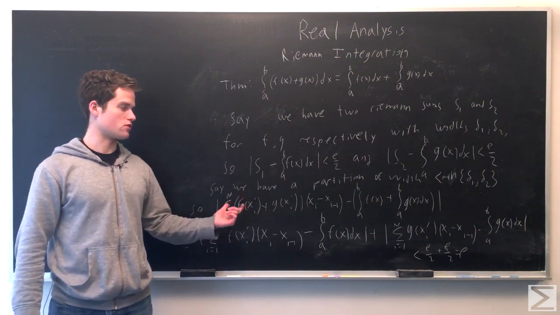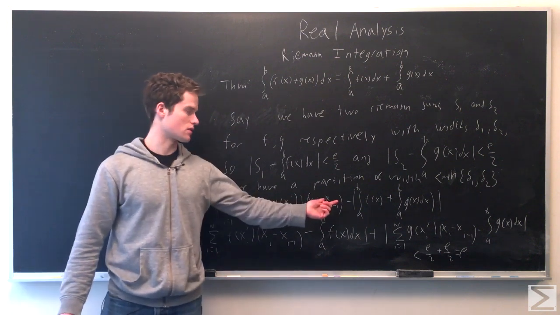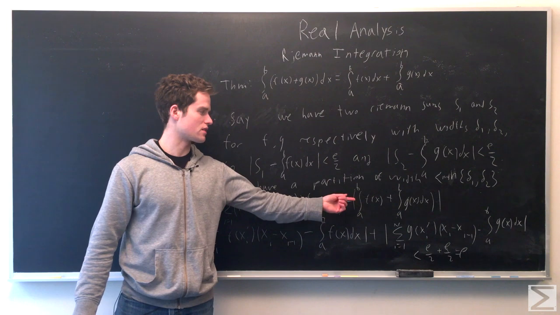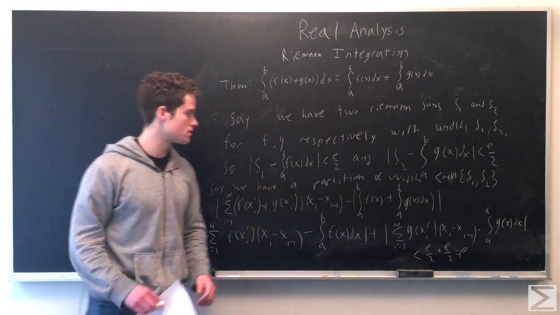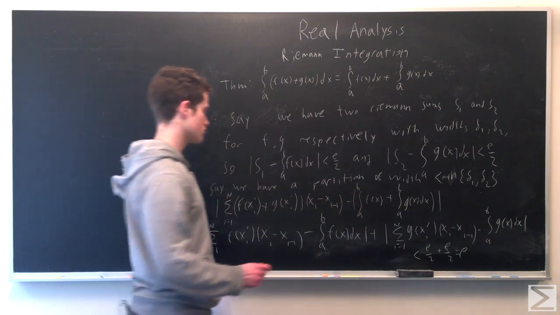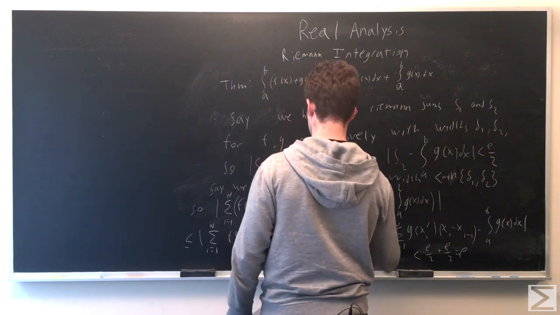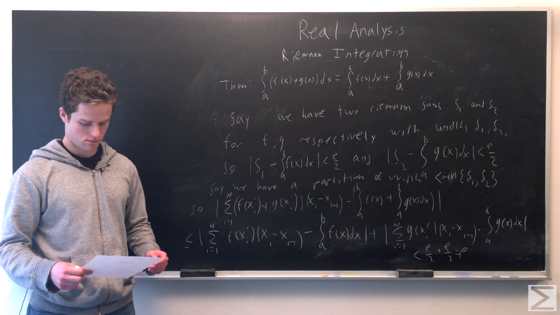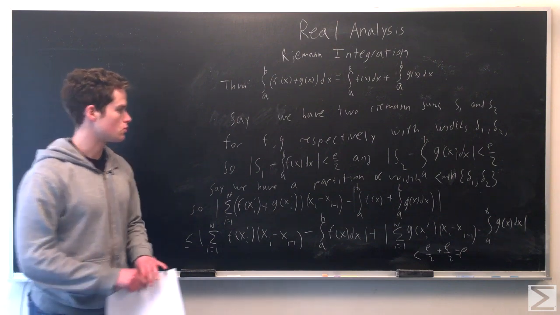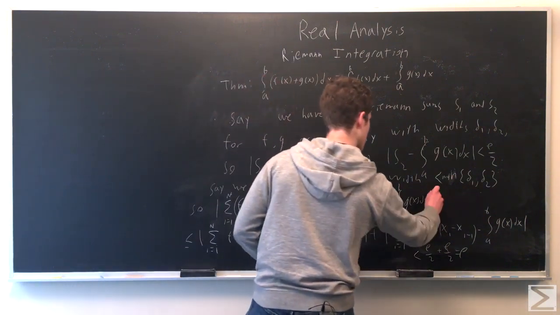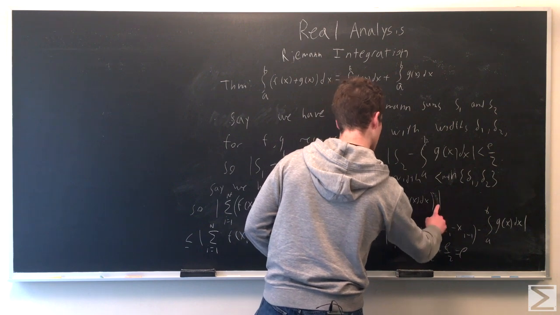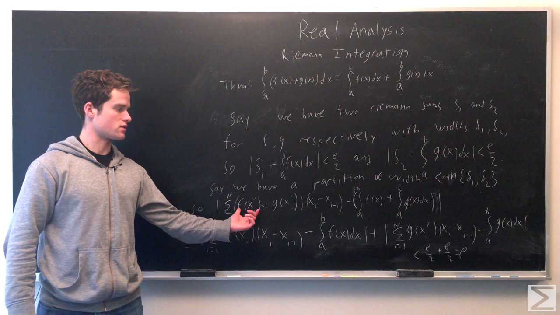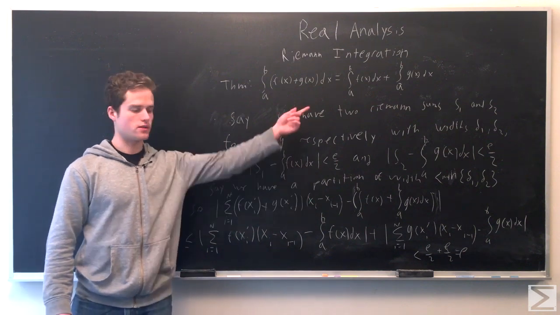So we want to show for a partition small enough, this gets as close as we want to integral a to b of f of x plus integral a to b of g of x. So we want to show this gets as close as we want to the thing on the right side.